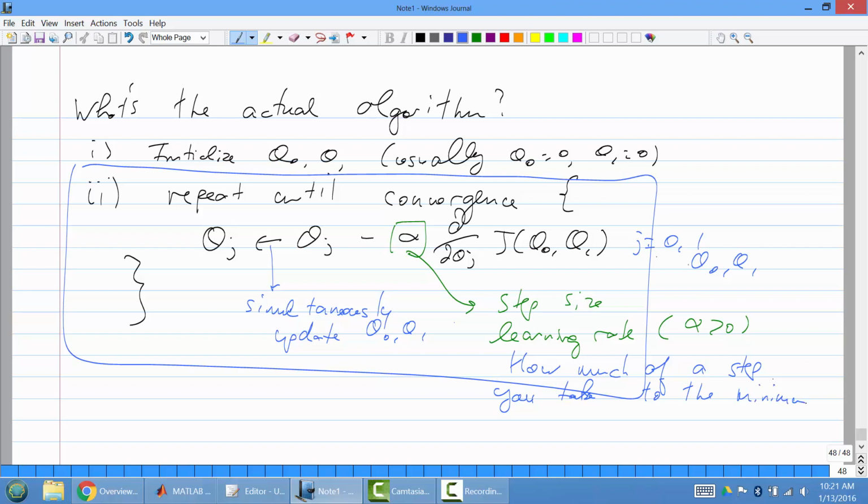Okay? And then what this thing here is, this is the partial derivative of the cost function, depending on what you're looking at. So partial derivative of.